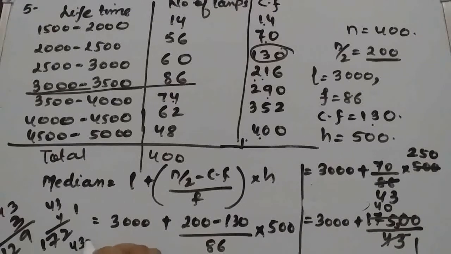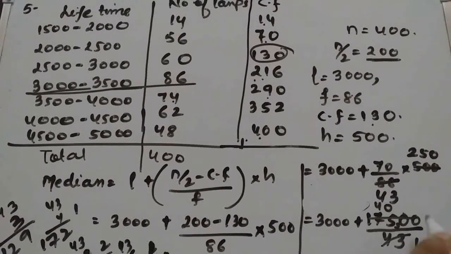So 430, suppose 43 with 9 you can check. So 387 is coming. That means 43 8s are, or 43 6s are 258 is coming. Okay, 258.